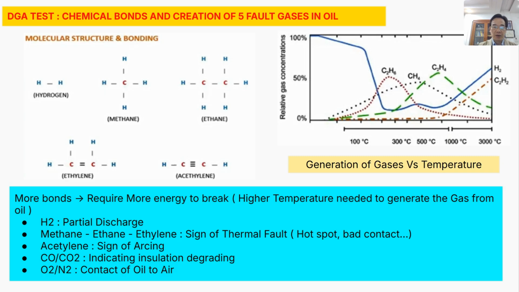If the ratio is higher than 11, it indicates a problem of thermal degradation of the paper. So if CO and CO2 are over the limit and the ratio is outside of 3 to 11, we can have some rough information on the cellulose aging in the transformer.